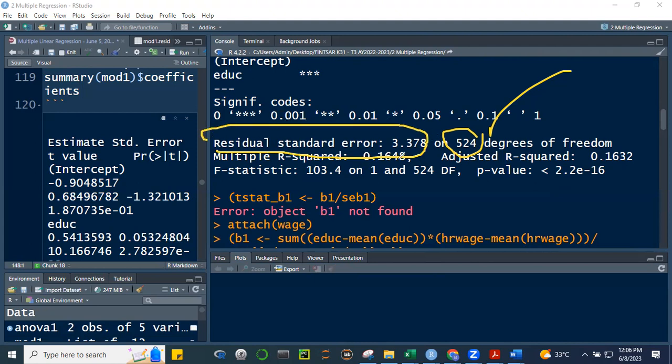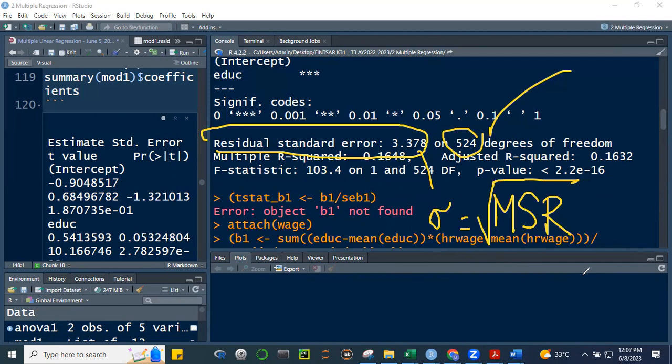Dito, merong sa F-stat, merong residual standard error. Ano to? Saan nanggaling to? This is actually, class, this is your mean square ng regression, okay? And then get the, okay, kasi ano to, variance to, no? And then just get the square root of that.